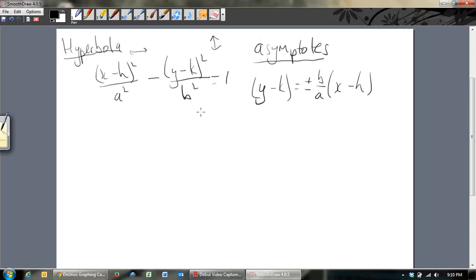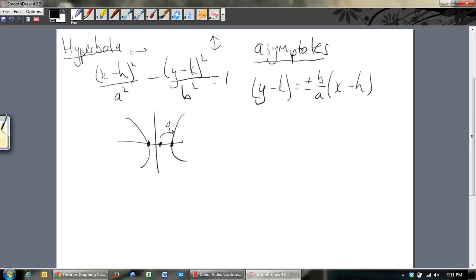Also important to note is the turning points on your hyperbola. Just to remind you, a hyperbola will look something like that. The turning points, where it turns around there and there, will be at the centre of the hyperbola, defined by h and k, moved a either way.